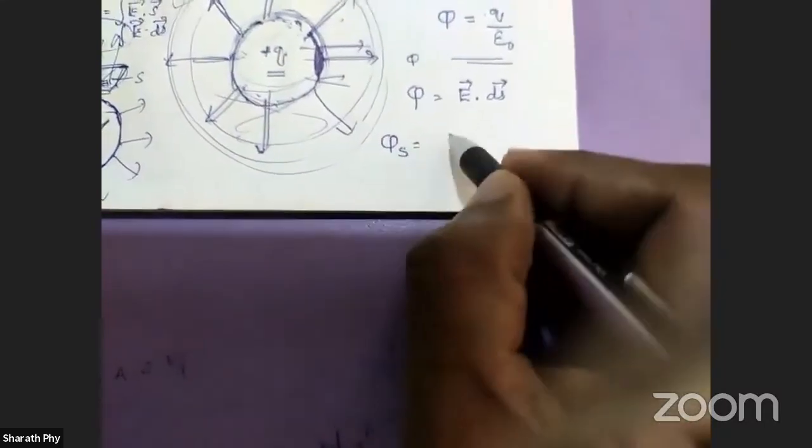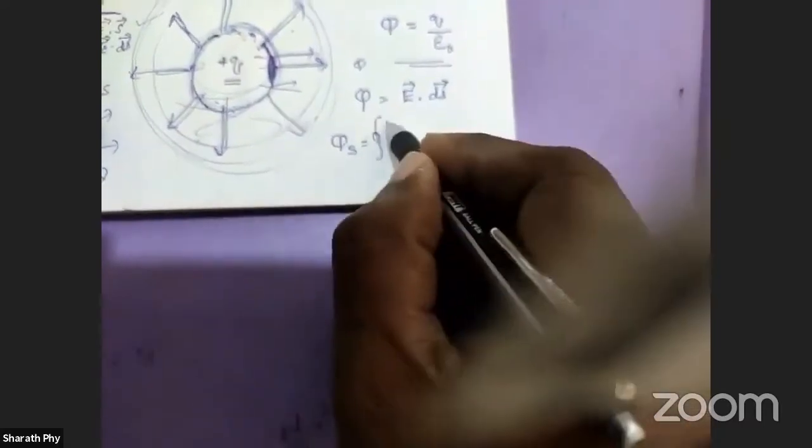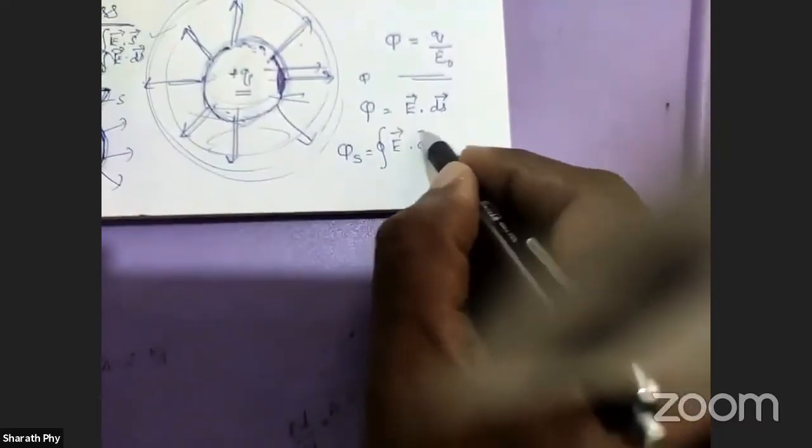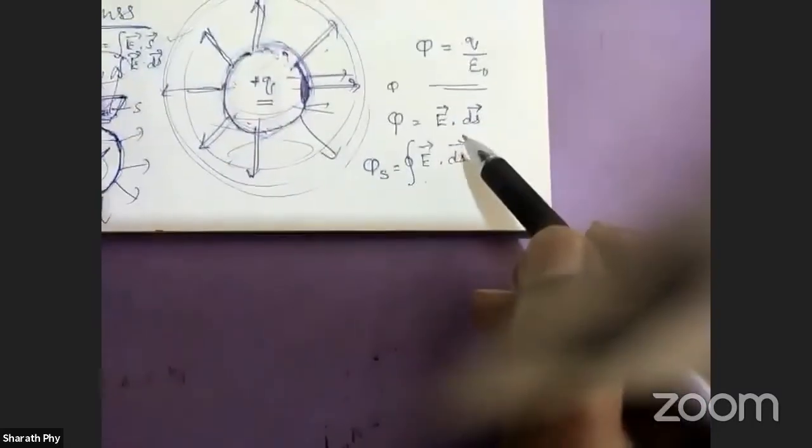Flux around the surface is equal to, here we have to take the integration around the whole surface. So the surface integral of E bar dot ds bar. This is the actual formula, but Gauss has given a shortcut formula.